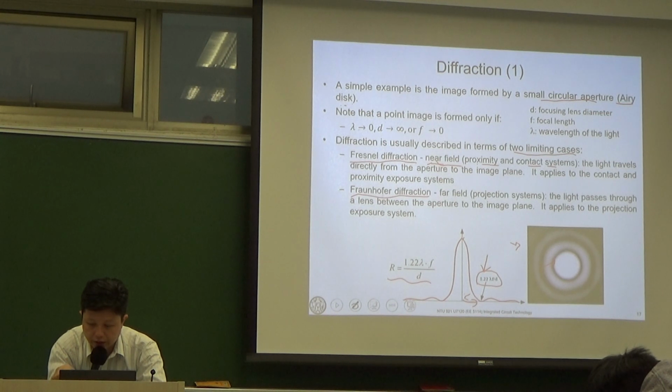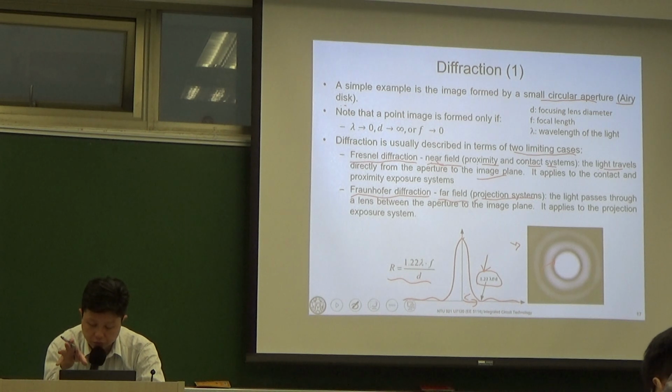Basically the light will travel directly through the apertures to your image plane. For the Fraunhofer diffraction, we care about far field diffraction, and usually we observe this in the projection system, the third exposure system we just mentioned.